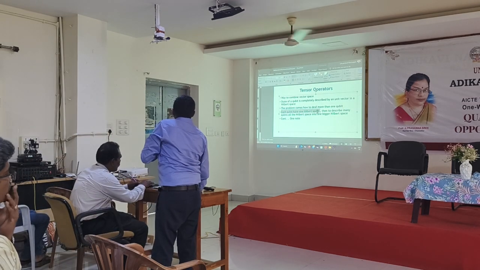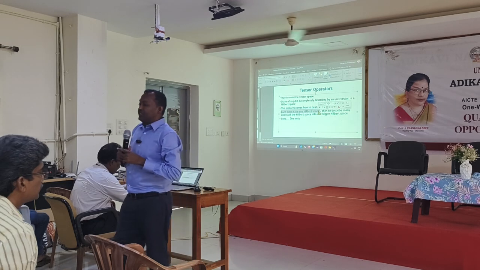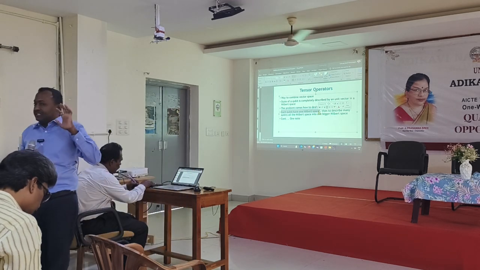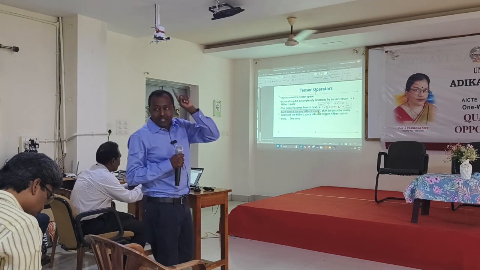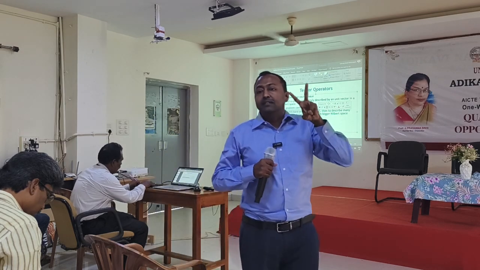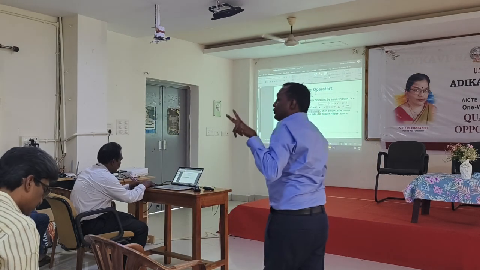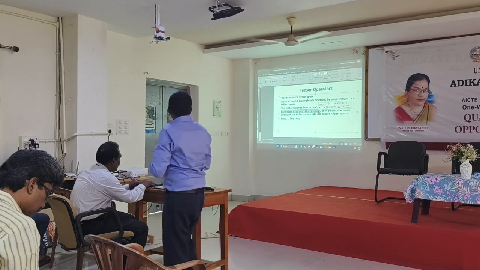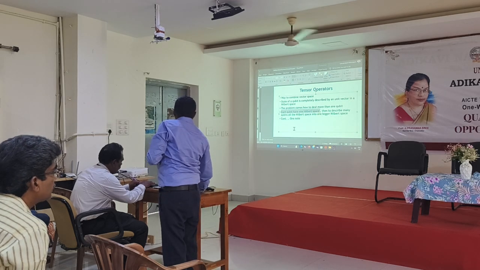Each qubit has 1 Hilbert space. So if there are 2 qubits, there are 2 Hilbert spaces.